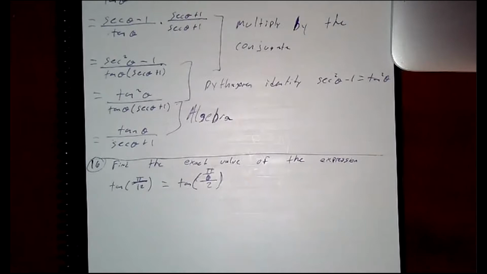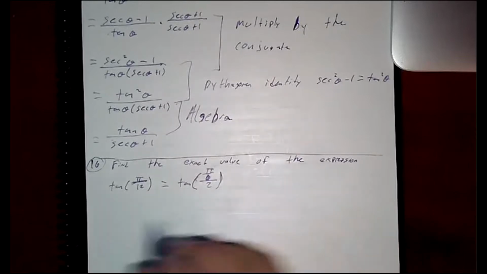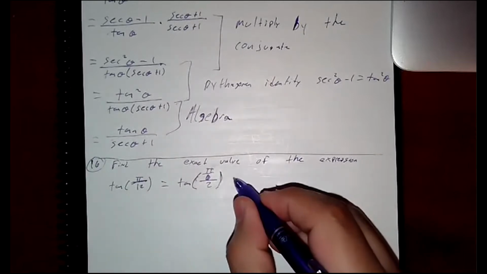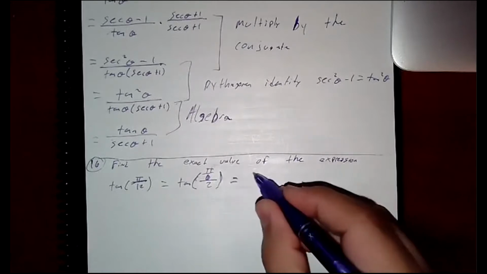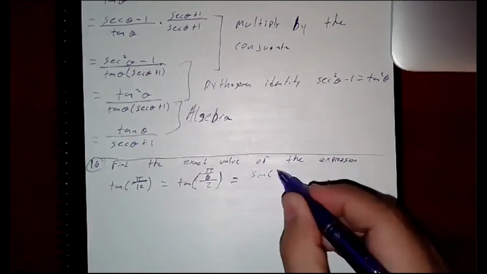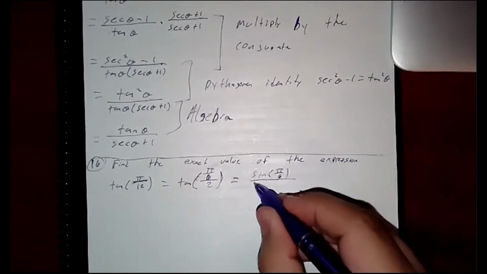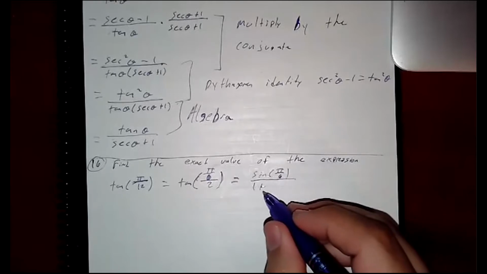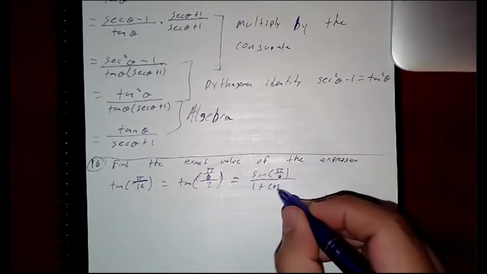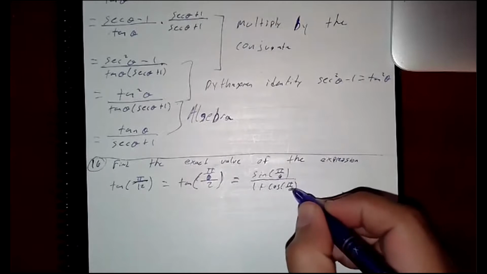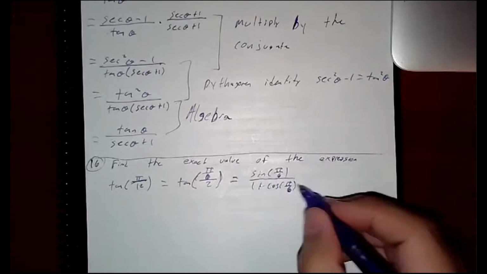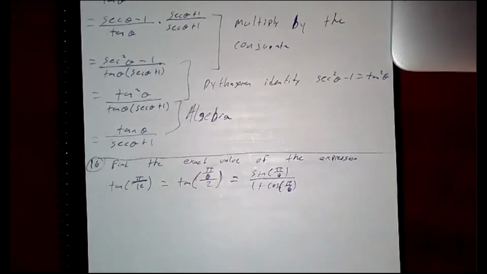Oh, here it is. Okay, so there is a formula so that this can be equal to sine of pi over 6 over 1 plus cosine of pi over 6. So what is pi over 6? Well, it's about 30 degrees, right?